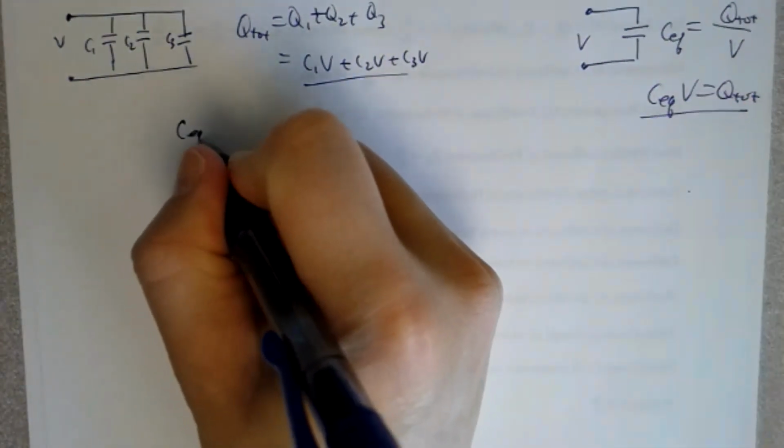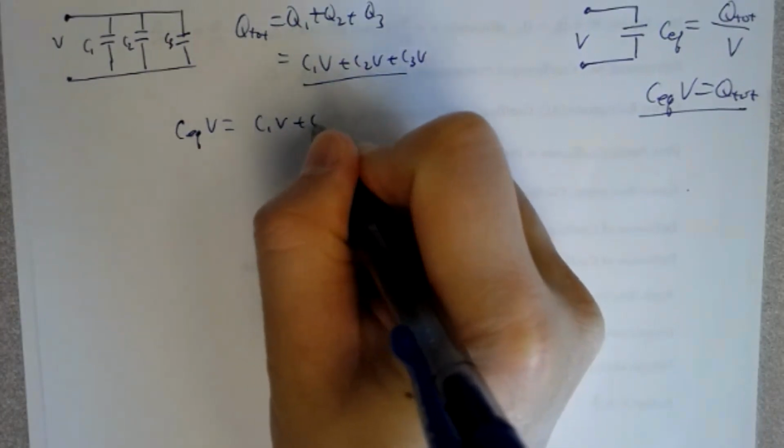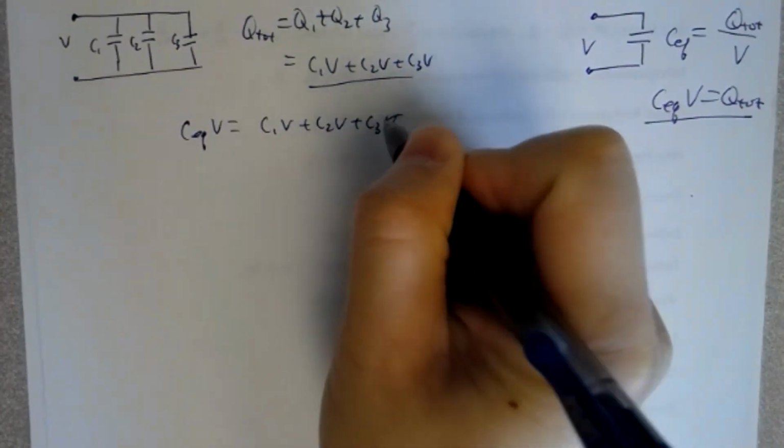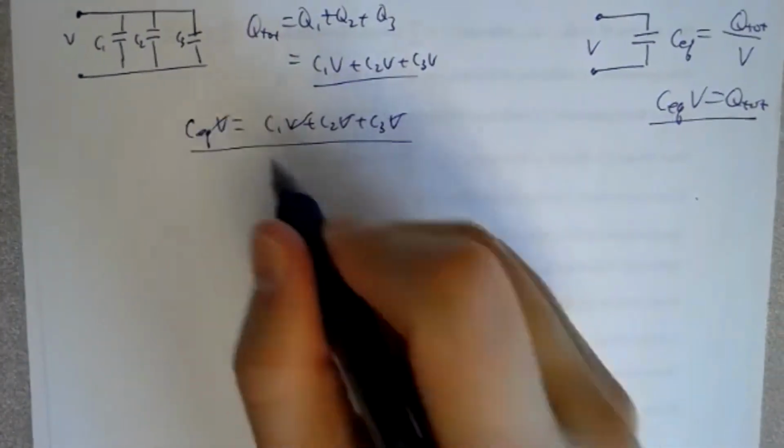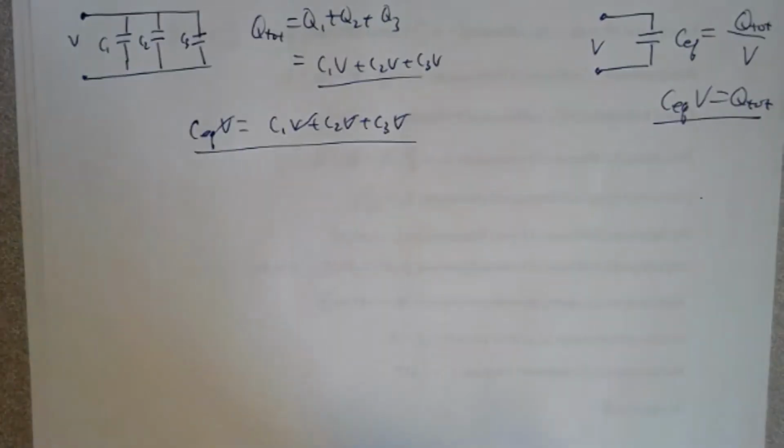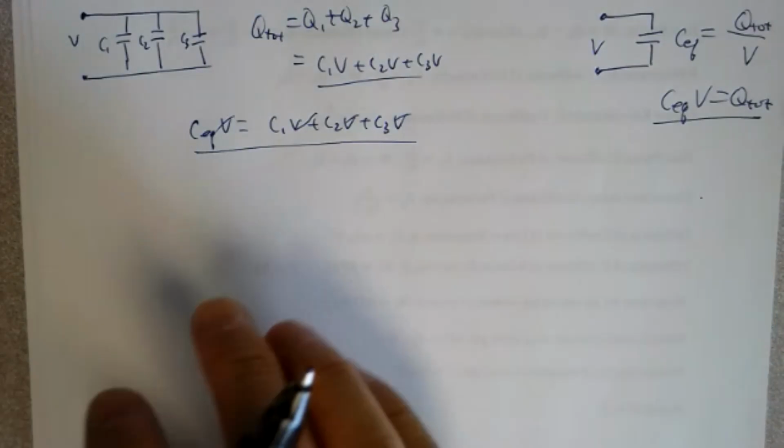So CEQ times V equals C1V plus C2V plus C3V. The Vs cancel across. So the equivalent capacitance is just equal to the capacitances of each individual one added up, if they are in parallel with each other, as the slide shows.